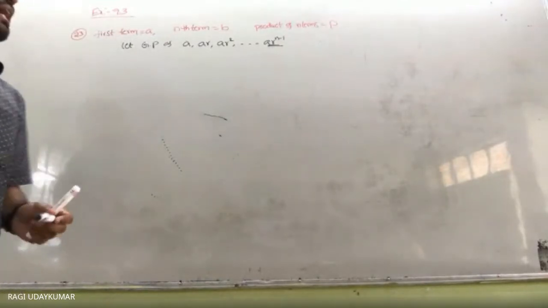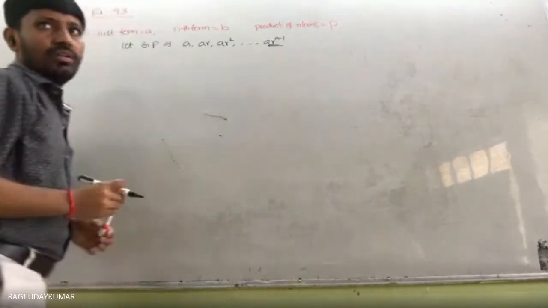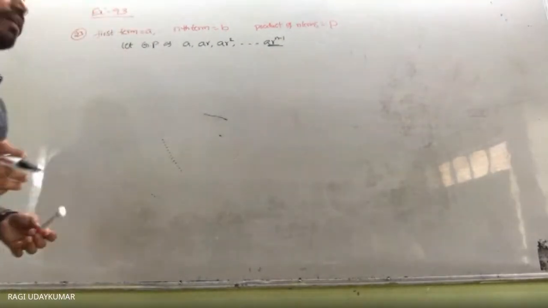It is given. And what is the product of all these terms it is asking you? Okay, product. P square is equal to A into AR into AR square into and so on, AR to the power of n minus 1, whole square. Isn't it? So what is here?